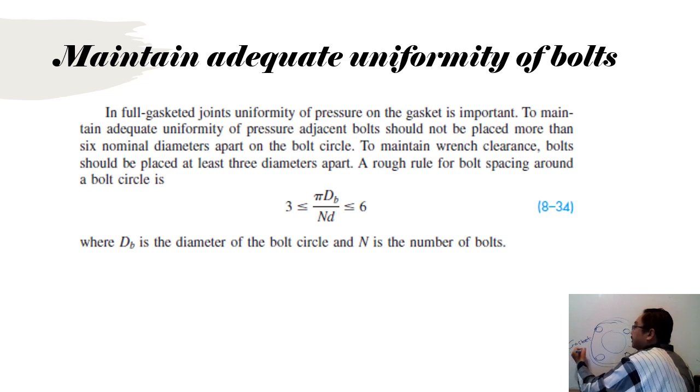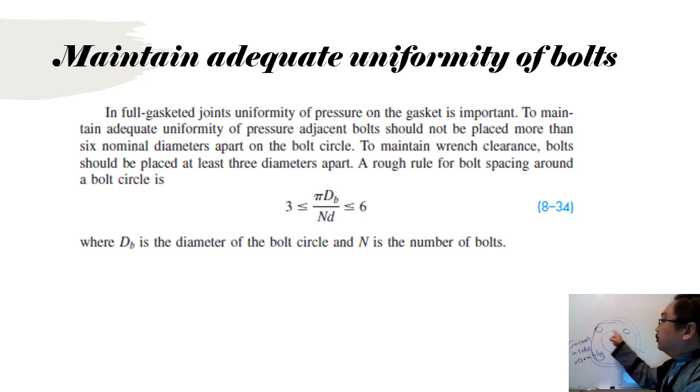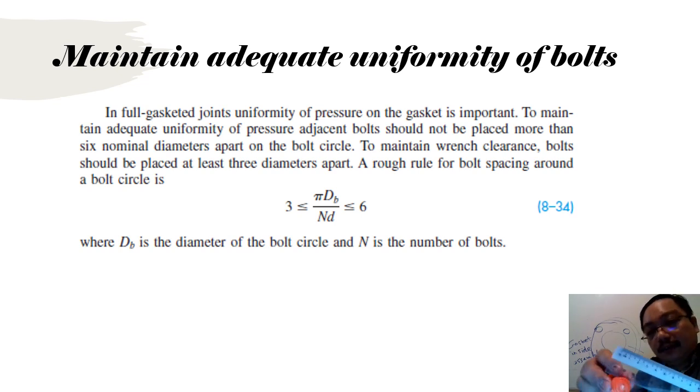Then you want to position your bolt. Where do you want to position it? You must design the holes so they are not too far apart. By standard, it should not be beyond 6 times the diameter of that bolt: 1, 2, 3, 4, 5, 6. That is the rough rule for the bolt.